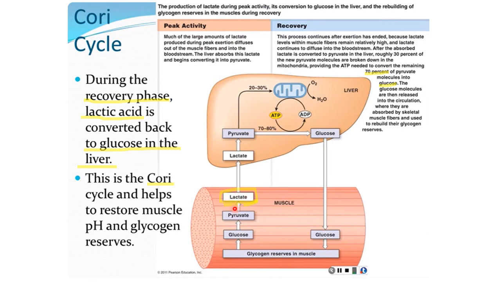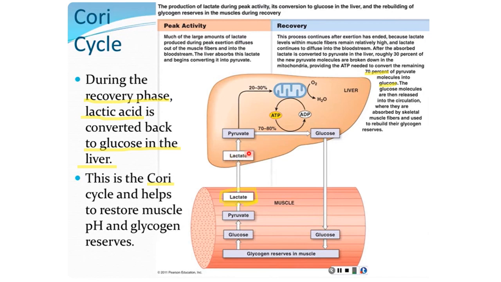Lactate is going to diffuse out, come out of the muscle. It's going to get into the circulation. It's going to end up in the liver. The liver is very, very good with metabolic tricks. Okay, the liver loves to do a lot of metabolism stuff, right? So lactate gets into the liver.